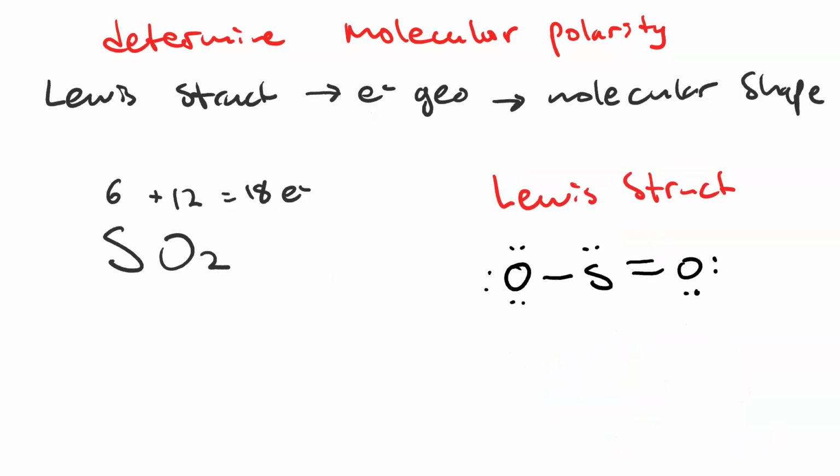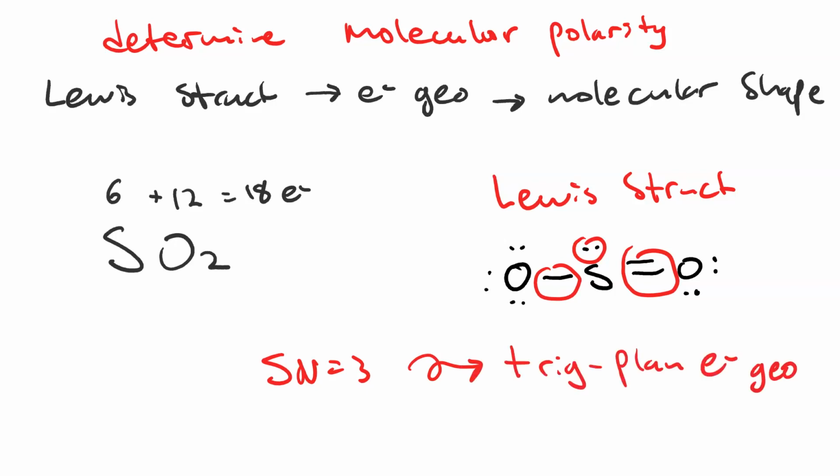Now that we've got the Lewis structure, we determine the electron geometry based on the steric number. There are 1, 2, 3 electron domains, so the steric number equals 3, which means our electron geometry is trigonal planar. Let's redraw our Lewis structure with a trigonal planar electron geometry showing 120-degree bond angles.